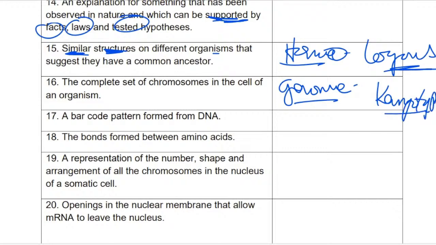A barcode pattern formed from DNA is a DNA profile. Then the bond formed between two amino acids. Guys, this bond is called the peptide bond. Please take note of this. We don't have what you call a polypeptide bond. It's peptide bond. If there are many bonds, we call them peptide bonds. We only add the word polypeptide if we are talking about a chain.